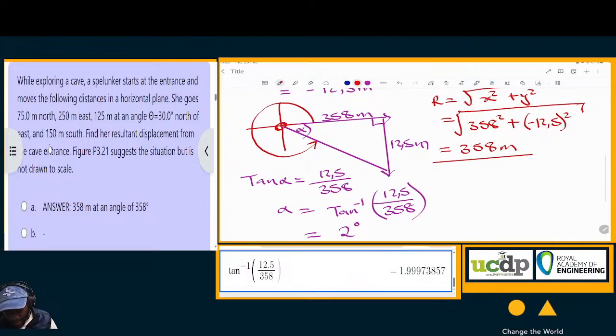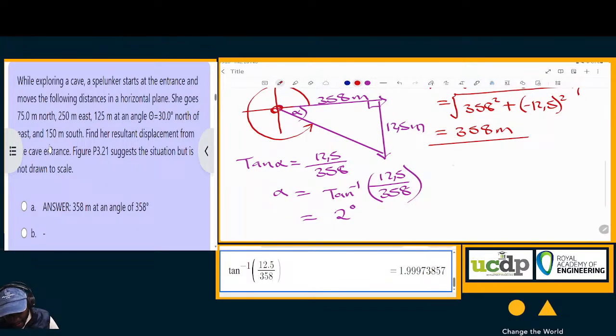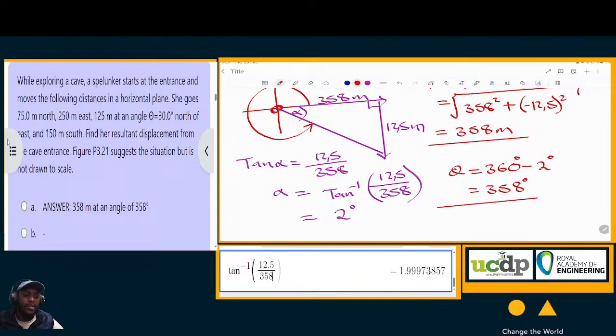So which means that your angle theta will be equal to 360 degrees minus the 2 degrees, which will give you 358 degrees. So the displacement is 358 meters, and the angle as well is also 358.